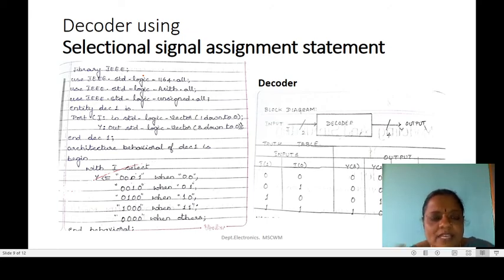So whenever we have a lot of conditions and some other conditions also, we use the decoder circuit for that type of application. Let us hope that all of you understood the decoder using the selected signal assignment statement.